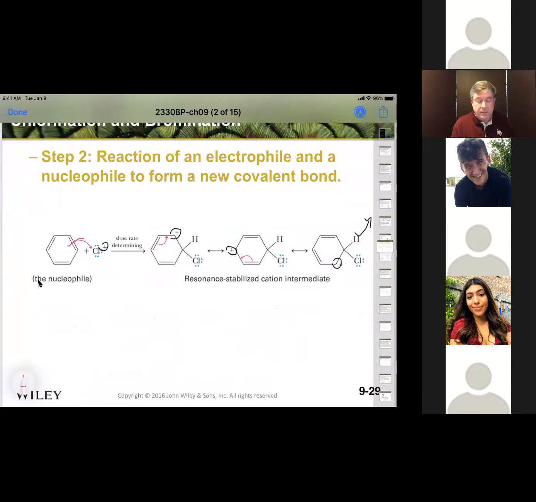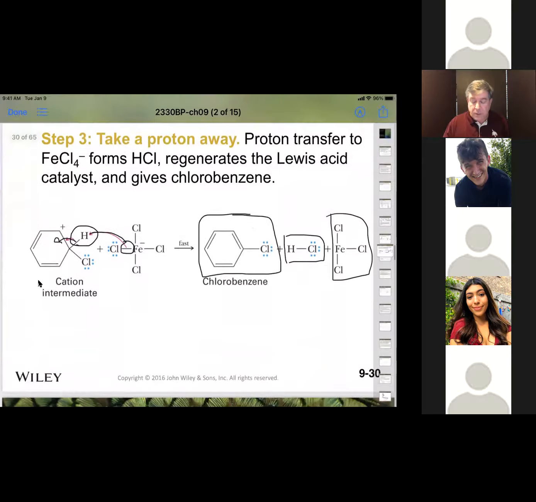Two electrons from the benzene ring reach out to create a new sigma bond. In that, it creates a positive charge on that ring, and that moves around the ring until we lose the hydrogen and re-aromatize. So that means the FeCl4 minus, the iron tetrachloride from that ferric chloride Lewis acid catalyst, can act as a base and remove that proton, giving us our final product and an acid, and regenerating our FeCl3.